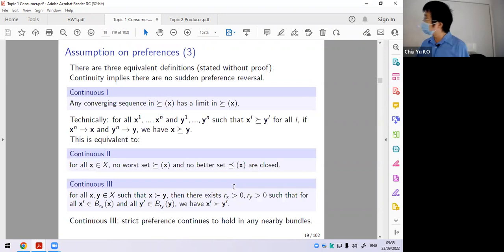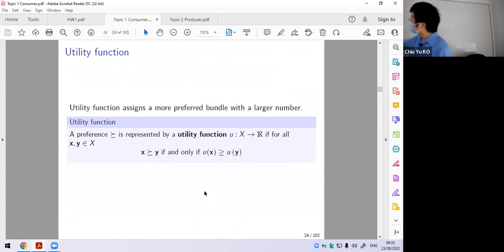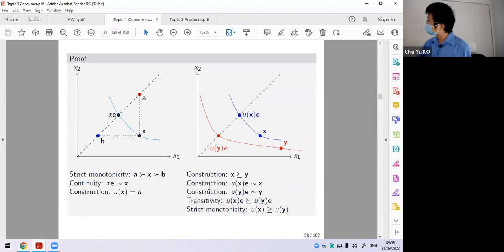And continuity means that if a strict preference holds, it also continues to hold in the neighborhood, right? When X is better than Y, a point near X is also better than a point near Y. That is what continuity means. And with monotone and continuous preference, you have utility. That is the proof we have done in this lecture, right?